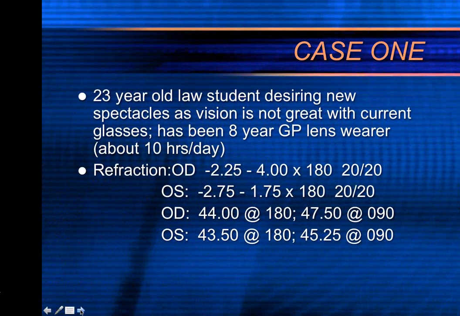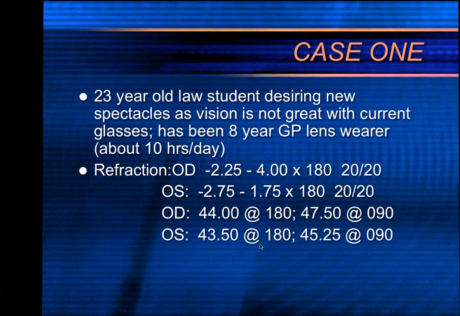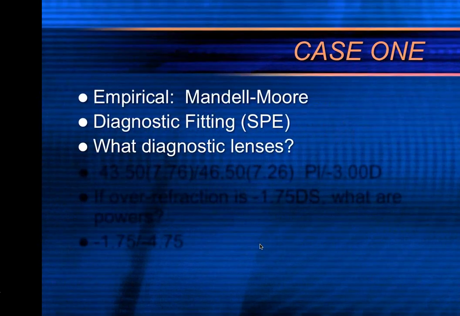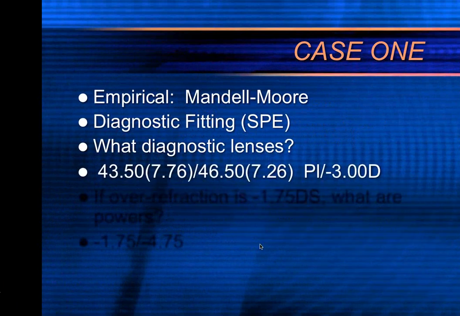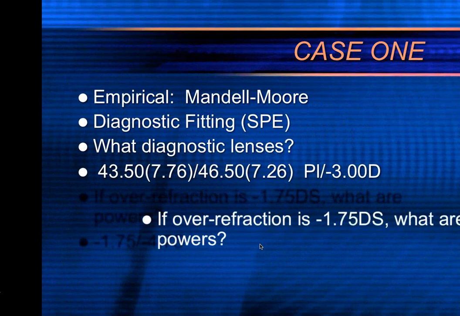His refraction, as you can tell, in the right eye is very astigmatic, so we're going to concentrate on the right eye. Left eye would probably continue to do well with a spherical design. So you can go empirical and just plug that into Mando or the GPLI calculator. I have a fondness for the GPLI calculator because of the graphics.